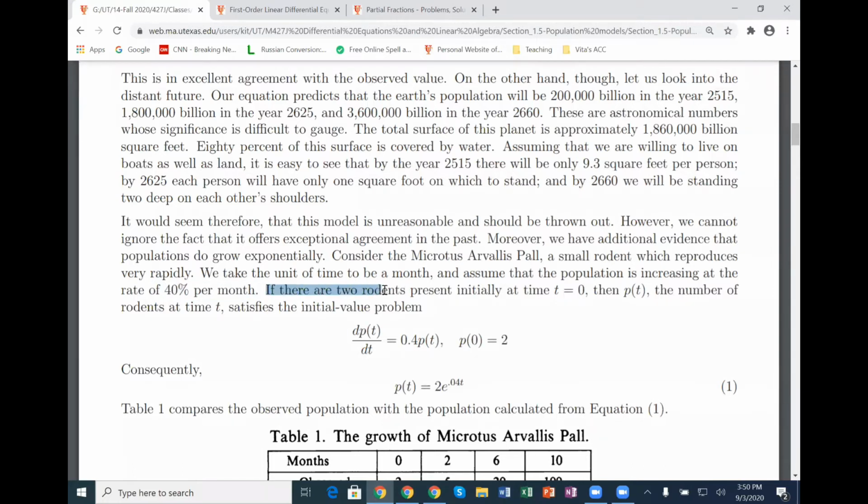If there are 2 rodents present initially at time t equal to 0, the initial value problem is this. So once again, P of 0 is 2 according to what is written here, and A is 0.4 according to what is written here. Now, the solution of this problem is over here.